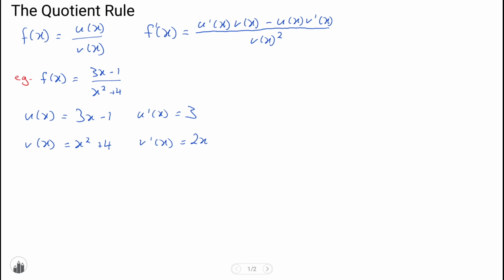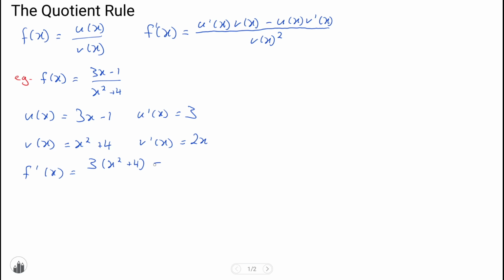Now we have all the information to plug in all of our values. So let's start writing down what we have found. u dash of x is equal to 3, and we're taking 3 times our original function v of x, which, if you recall, was x squared plus 4. So 3 times x squared plus 4.